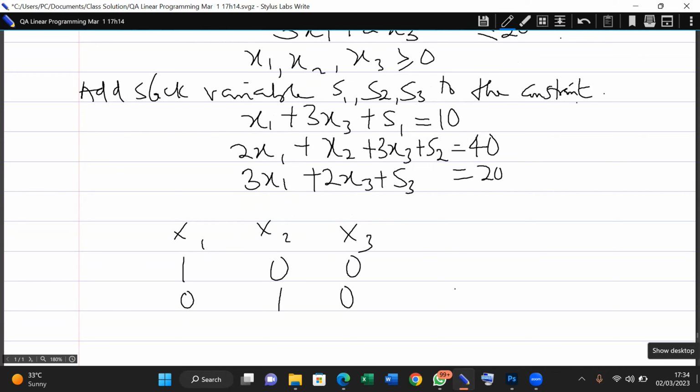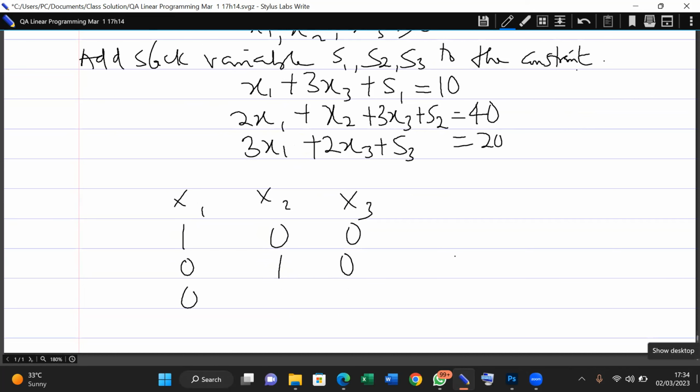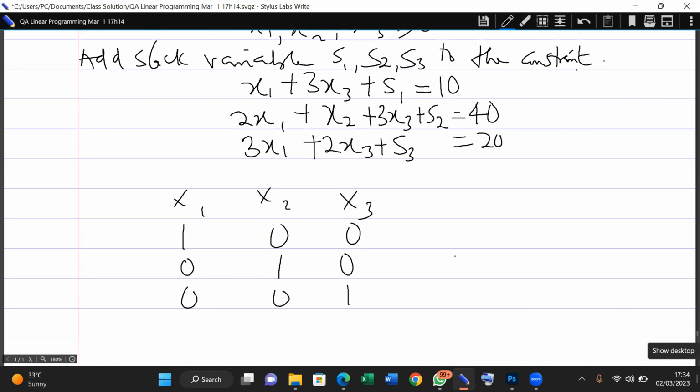Under the third one, you will have 0, 0, 1 for the slack. Are we together?